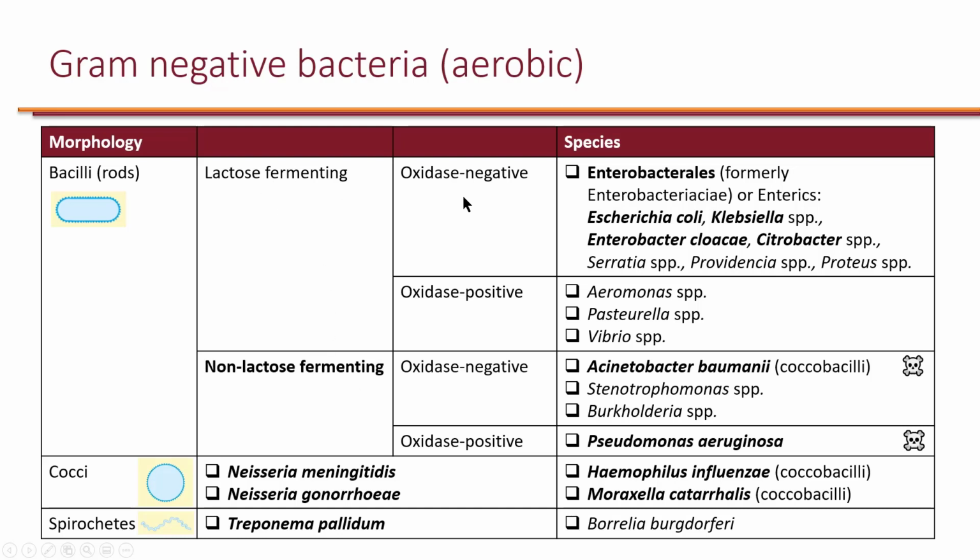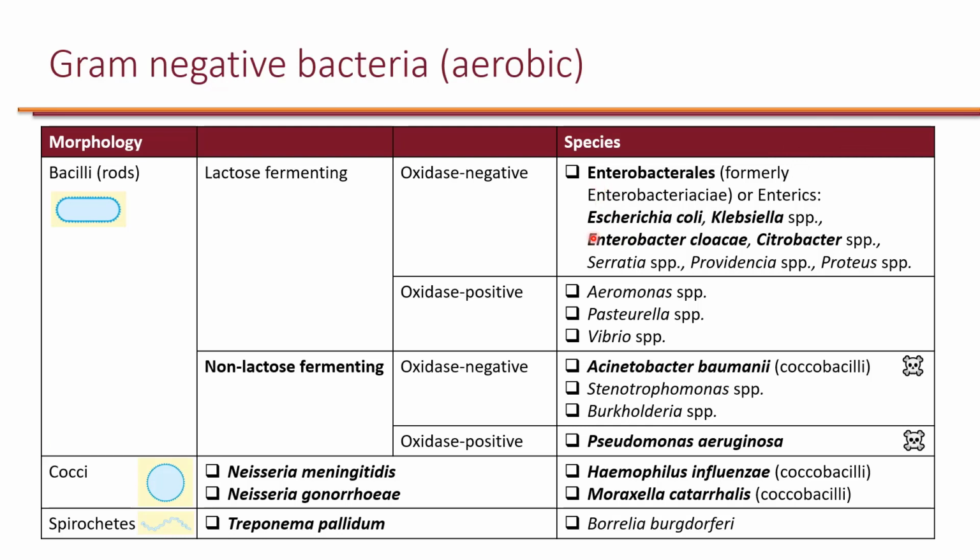But if they do ferment lactose, then they do oxidase tests, and for this course you don't have to worry about the oxidase test. But know that when it's lactose fermenting, for the most part we're talking about Enterobacterales, a family of several organisms that used to be called Enterobacteriaceae.